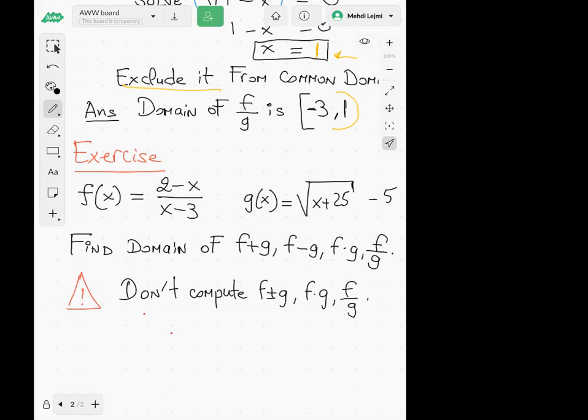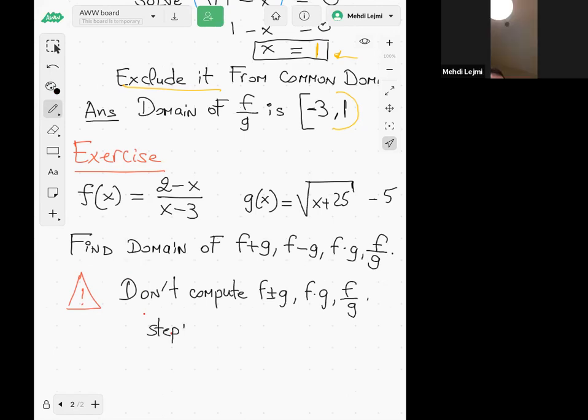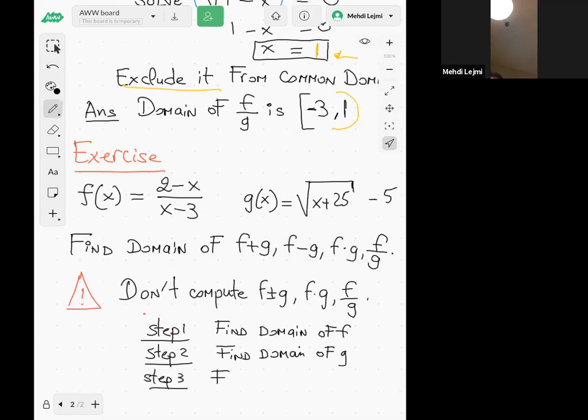The steps would be: step one, find the domain of f. Then of g. And then three, find the intersection domain or common domain.